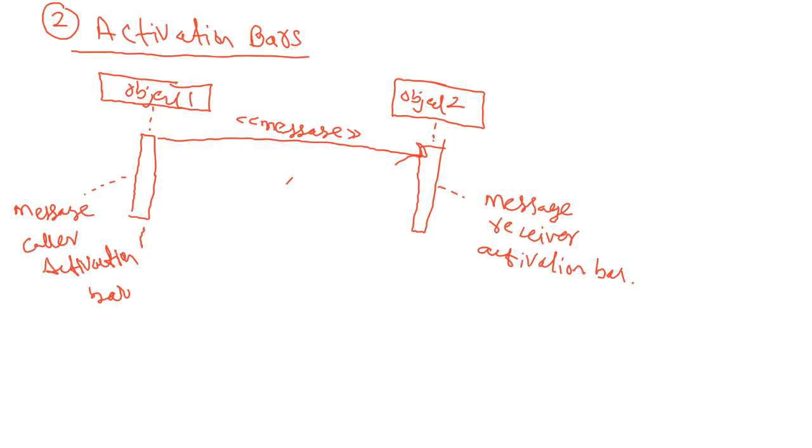And you might be observing that we are using these arrows. So we have a third symbol, arrows. Now these arrows are of two types. These arrows are used for sending messages. So there are two types of messages you can send in a sequence diagram.